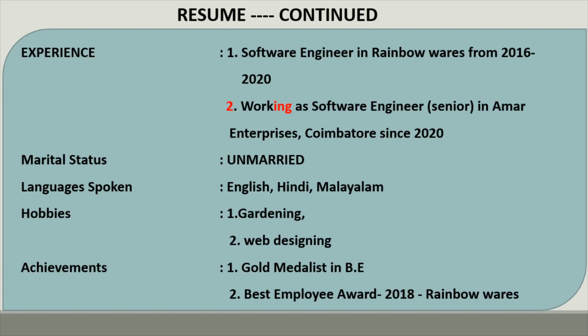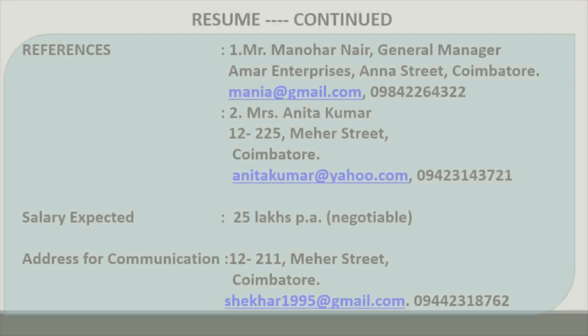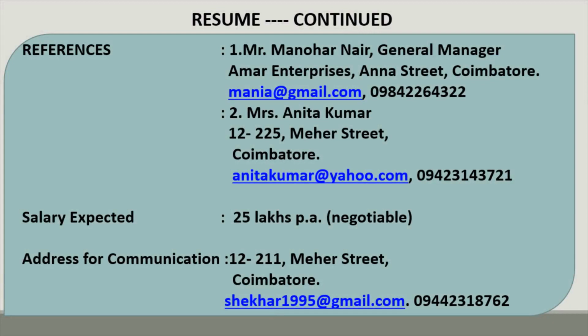The next part, achievements, are easy enough to understand, but I would like to draw your notice to the fact that the Best Employee Award given in 2018 was by Rainbow Wares, since he was working with that firm in that particular year. Let us move on to the next part of the resume, which is references.